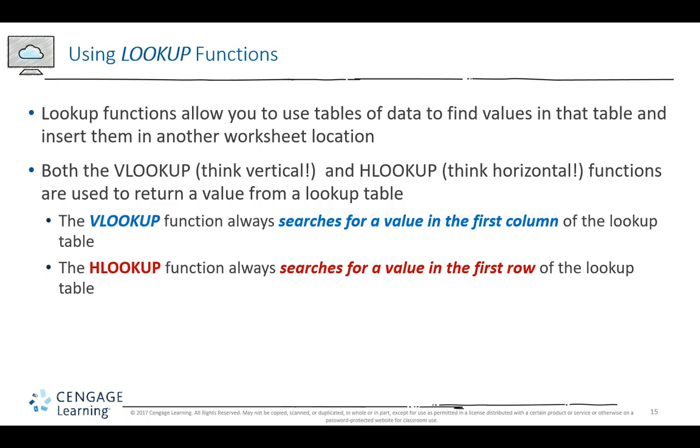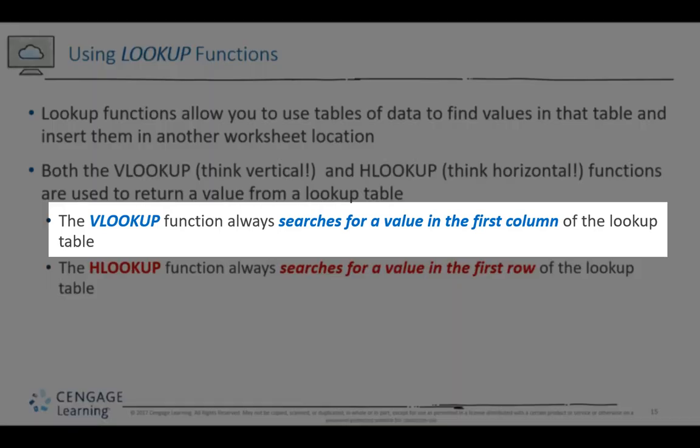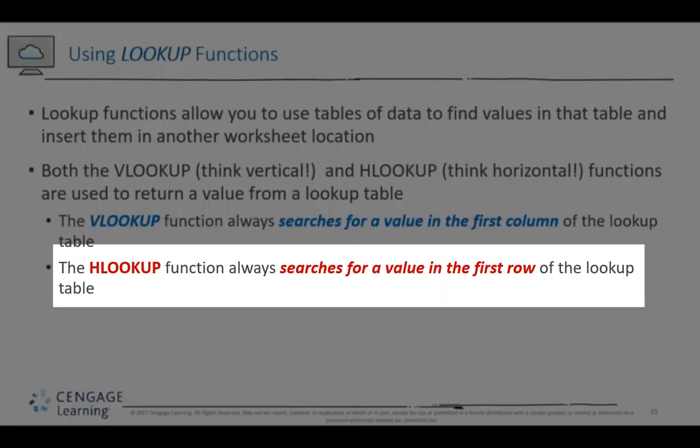Both the VLOOKUP for vertical and HLOOKUP for horizontal are used to return a value from the lookup table. When we use VLOOKUP, we are searching through the first column of a table to find a match. When we are using HLOOKUP, we are searching for a match in the first row of the lookup table.